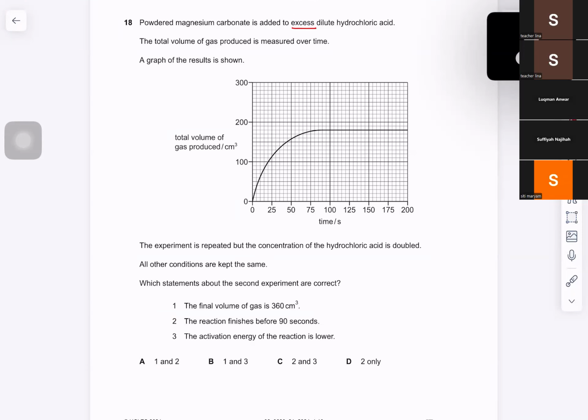The experiment is repeated, but the concentration of hydrochloric acid is doubled. Dia repeat, tapi dia doublekan concentration. So kalau concentration sini 0.2, sini 0.5. Ni teacher just buat je lah sebab dia double. More DM negative 3 and then more DM negative 3.